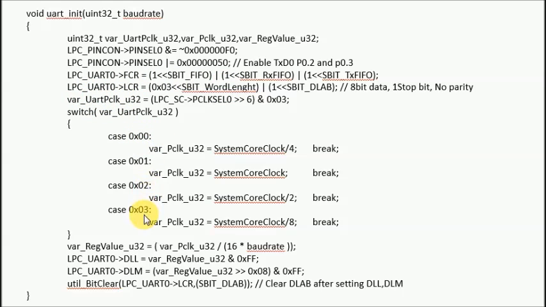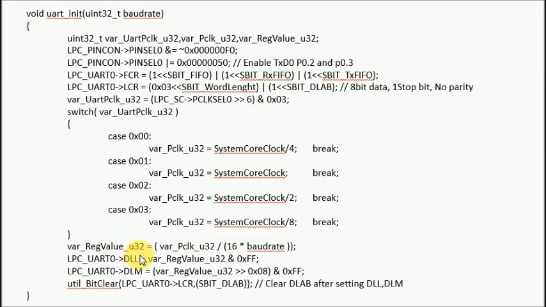So here we have only the 0, 1, 2 and 3 conditions, and we know the actual clock variable. The formula is very simple: the clock variable divided by 16 into the baud rate, and then we directly have that value.